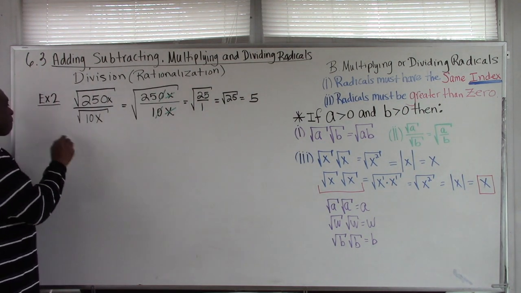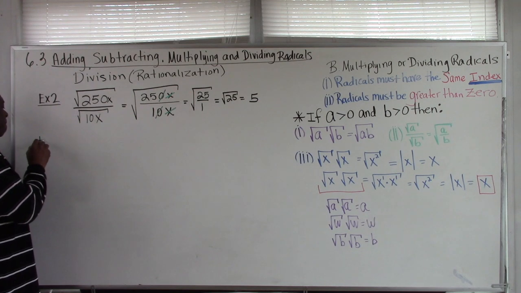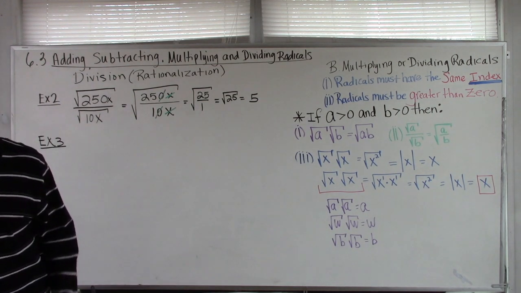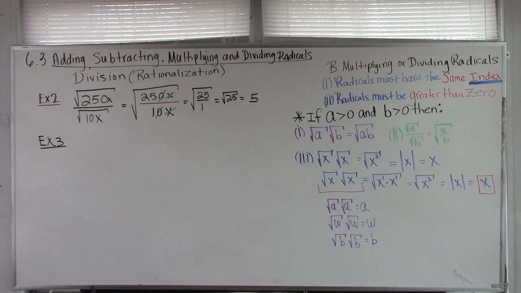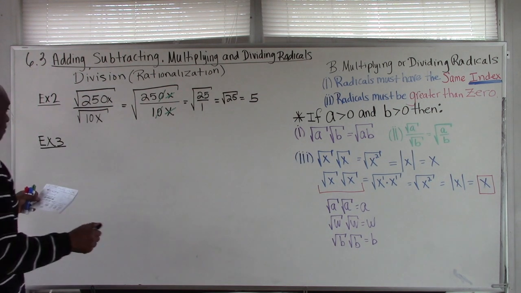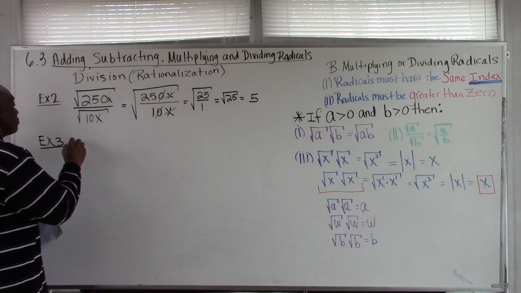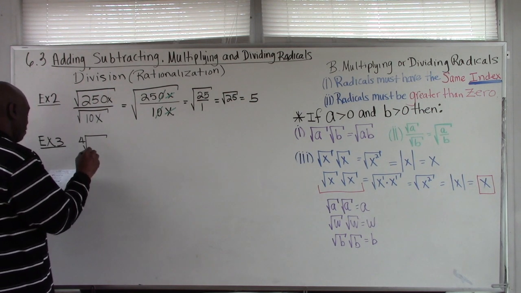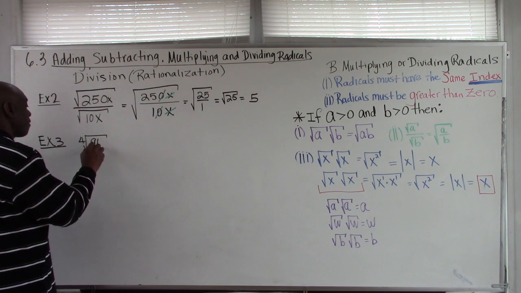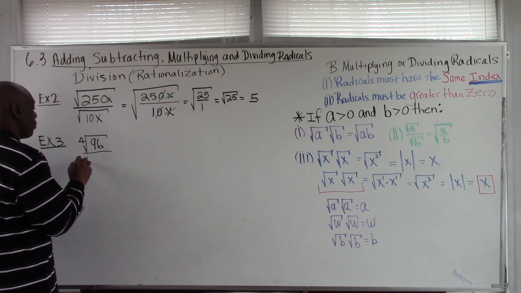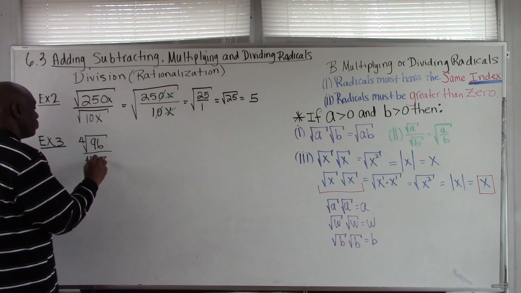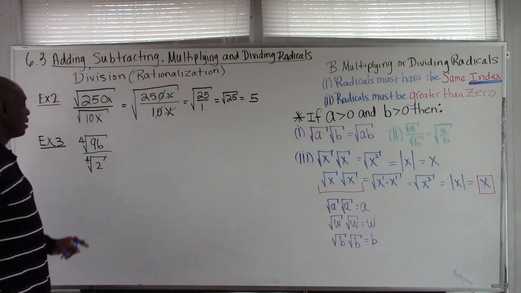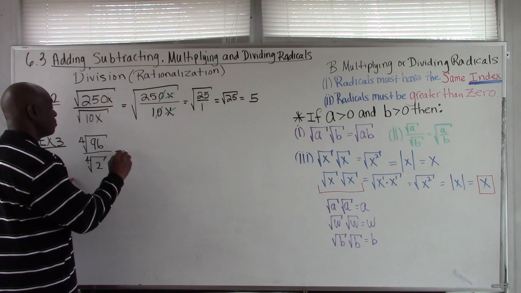Let's go through another one. Let's do example 3. All right. Example number 3. Let's look at the 4th root of 96 divided by the 4th root of 2. All right, let's write it as one radical.